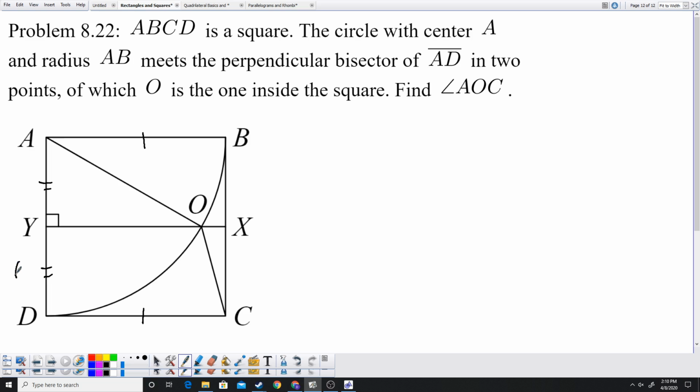Now, if I said that this was X and this was X, then these side lengths would be 2X each, because it's twice as much.